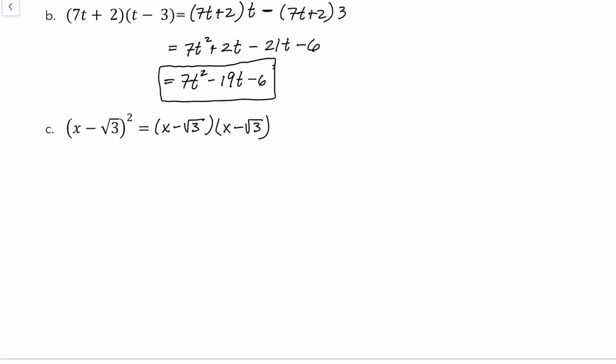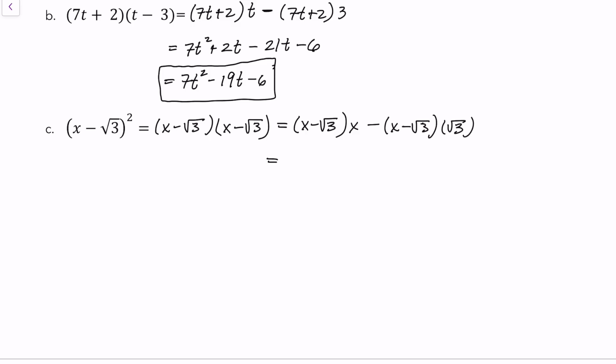Okay, so what do we do here? We apply the same logic. We have the entire thing, x minus square root of 3 times x. This is going to be this x over here, minus the entire parentheses times the square root of 3, which is this term over here. Okay?